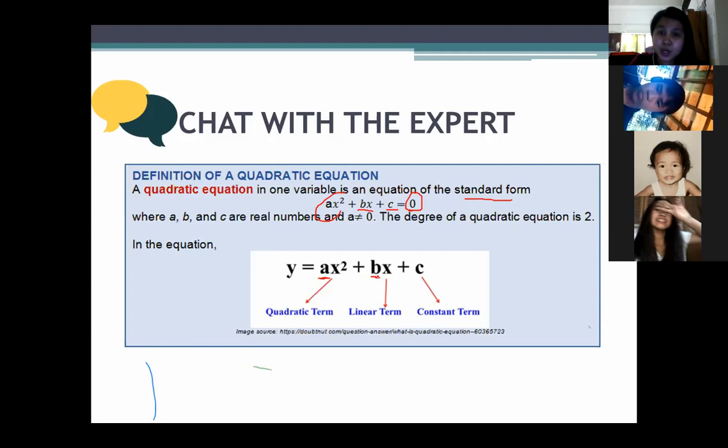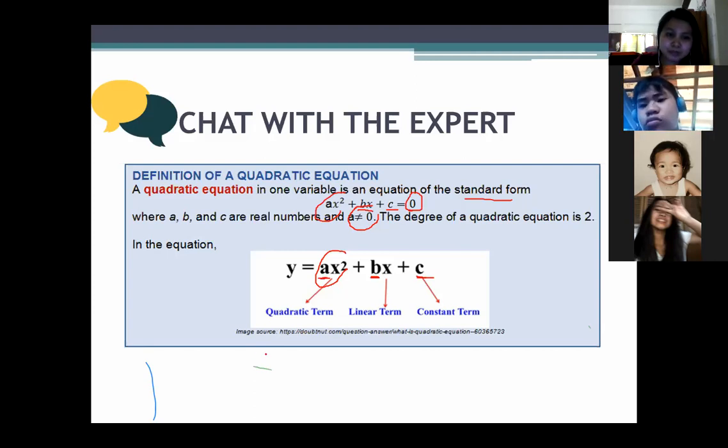The number with x is called b. And the constant, the number without any variable, is called c. And remember, in a quadratic equation, the value of a should never be equal to 0. As much as possible, the value of a should be positive.